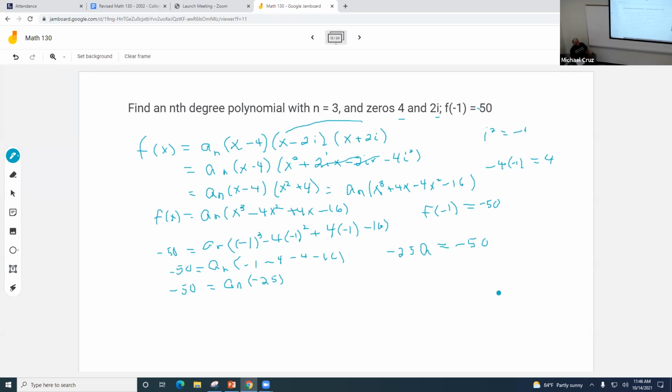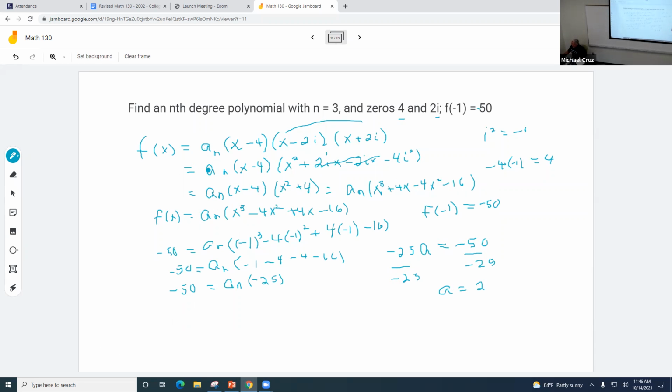Because the a_n is being multiplied by the -25, generally you put the coefficient in front of the variable, and then that whole thing we know is equal to -50. Now, we got in one step that a is equal to 2.